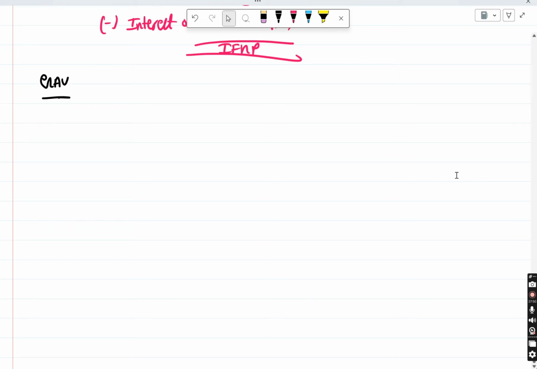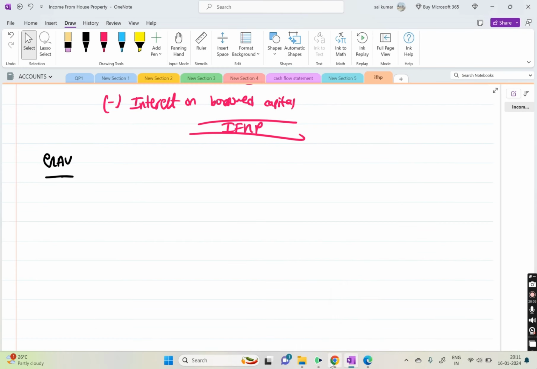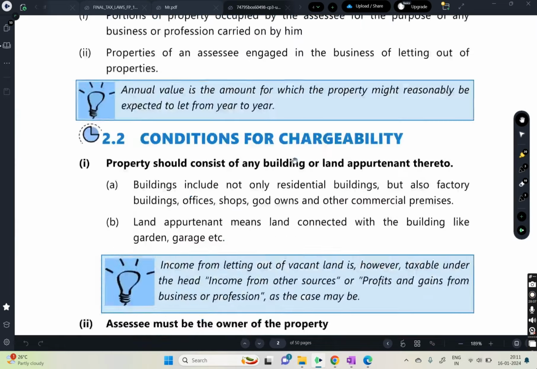Now GAV, we need to find out gross annual value. How do we find out that gross annual value?